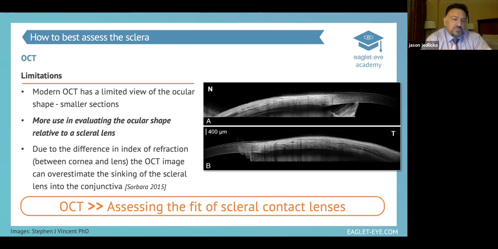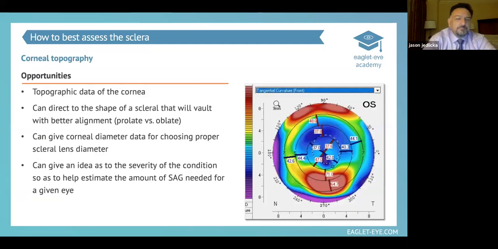As we move towards smaller sections of data and better resolution, we find that in order to actually look at the shape of the eye, we need to take many scans and somehow piece them together, and the time is more cumbersome in many ways than it would be to even put on a diagnostic lens and look. So OCT is very helpful in evaluating ocular shape relative to a lens that's on the eye, but independent of having a lens on the eye, it's very difficult to use OCT in our initial fitting process.